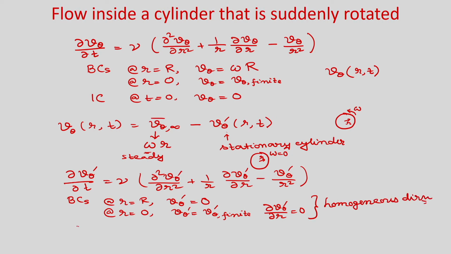And at t is equal to 0, you will get v theta prime is equal to omega r.